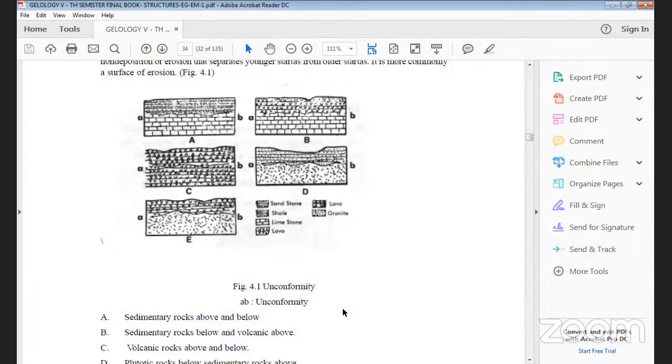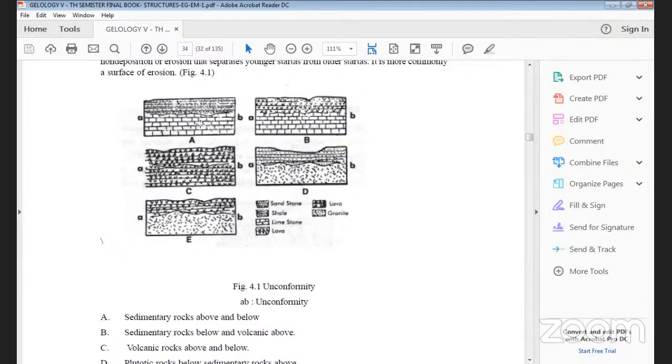A is actually sedimentary rocks above and below, and B is indicating the small a and the small b. This is the unconformity formation between two rocks, and we see sedimentary rocks below and volcanic rocks above. Here it is A and B: both are sedimentary rocks.